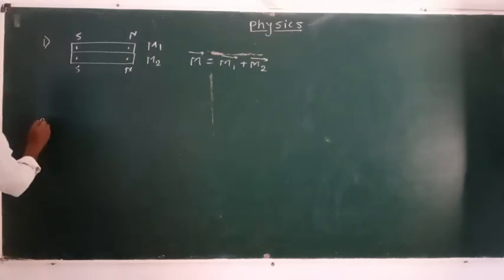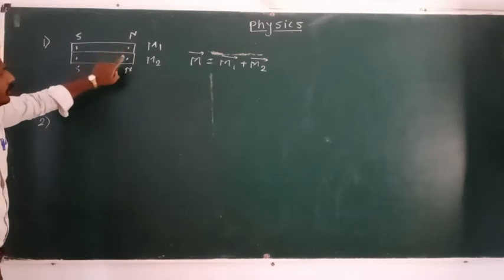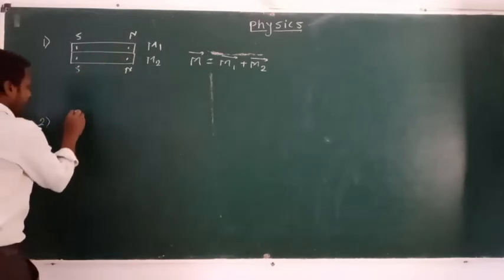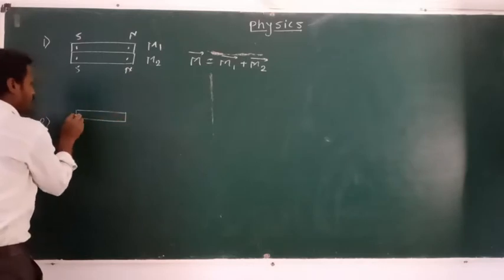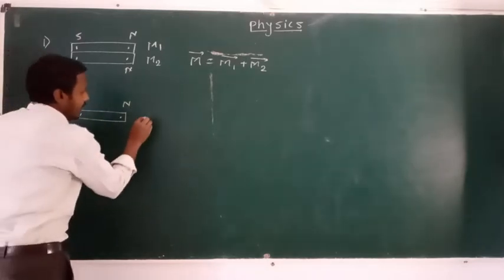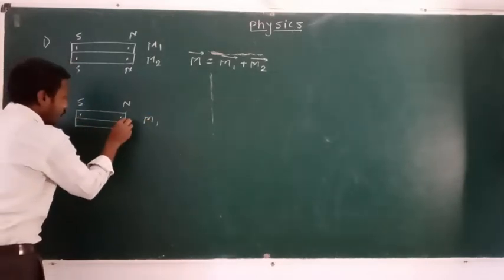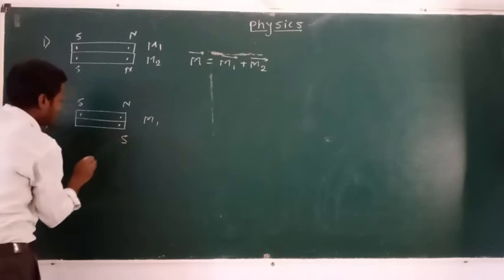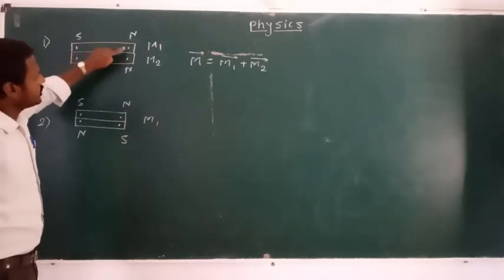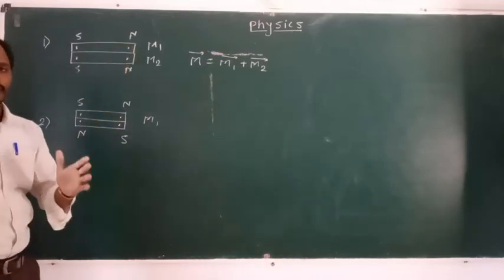Now about the second case, if the poles of the magnets are opposite to each other, that is, if this is the south pole and this is the north pole, the magnetic dipole moment is M1, and for the other magnet the south pole is here and the north pole is here. In the first case, both poles are in the same direction. In this case, both are in the opposite direction.